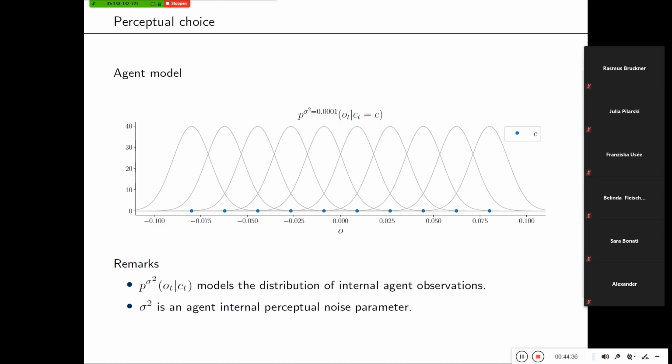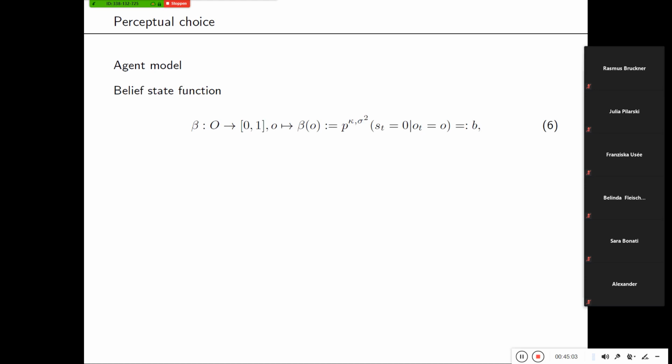If you make it smaller, then specifically here, people will be more correct around the turning point between these two contrast levels. If you make it larger, it will become flatter and people get worse. We will also see that. So this is a parameter of the agent, and of course that's also a parameter we're interested in estimating.